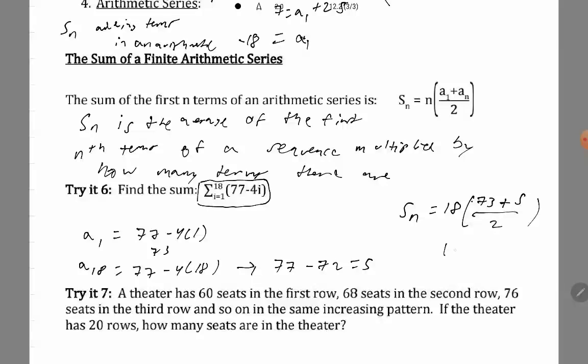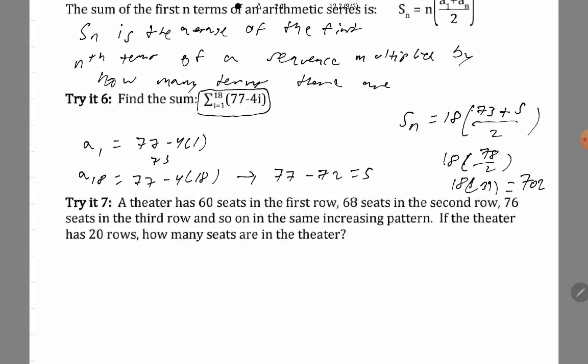So I'll get 18 times 78 divided by 2, which is 18 times 39, which is equal to 702. So what does this number mean? If we plugged in all the terms, plug 1 in the equation, 2 in the equation, 3 in the equation, all the way up to 18 in the equation, and we add them together, we'll get 702.